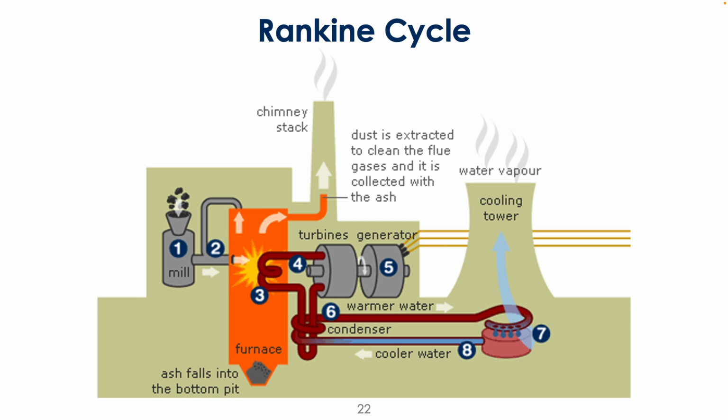And here we'll notice something interesting. This system is a closed loop of water that moves through the turbine, and it gets cooled in a condenser here, which takes a different water source in a different loop to cool that water.